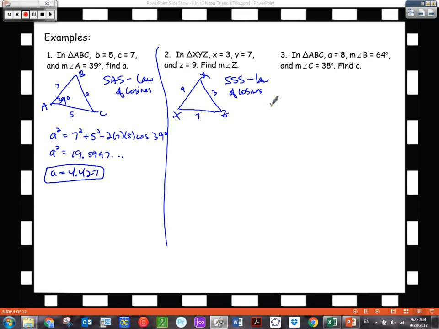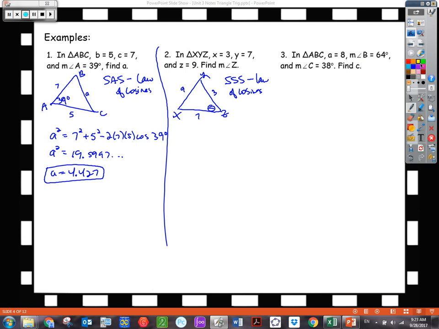Now since they want us to find angle Z, this is the one that we're interested in. I think of these as anchors, right? The beginning and ending of this law of cosines is like the anchor. That's how it's built. These are the side and angle opposite each other. And so since I want angle Z, I'm going to start my formula out with the 9 because I want angle Z. Could I start it with another one?